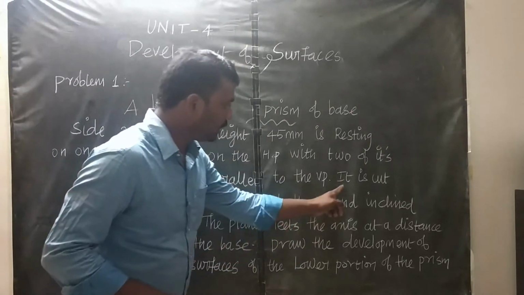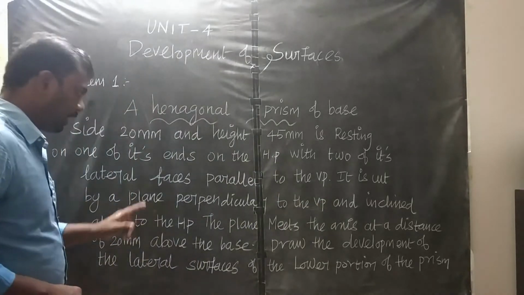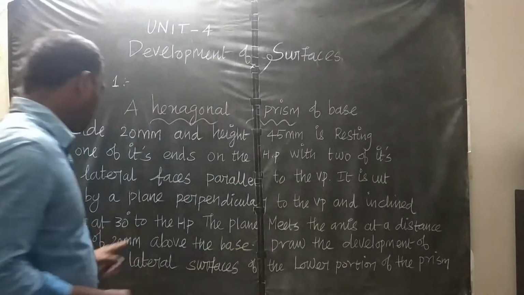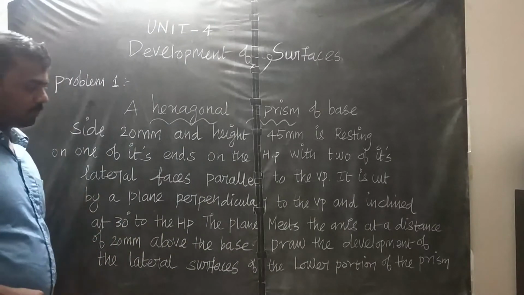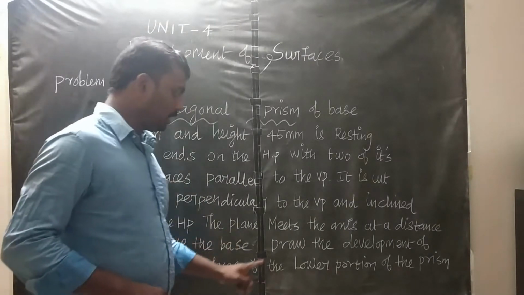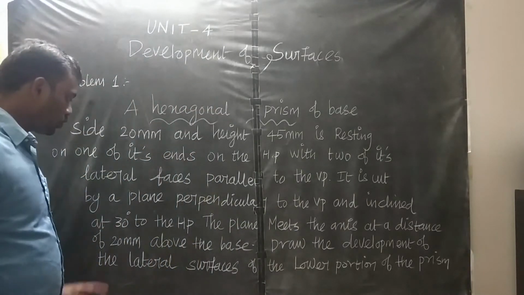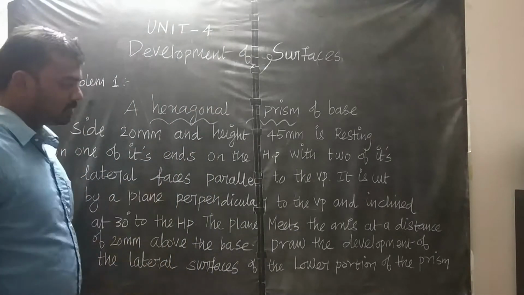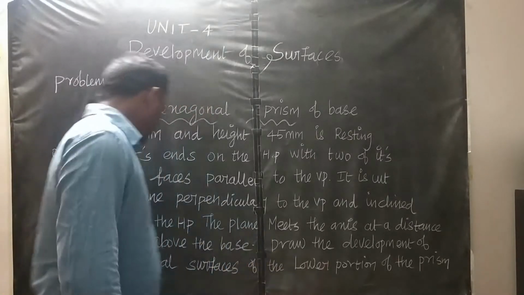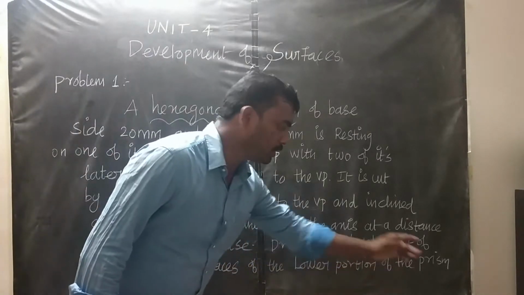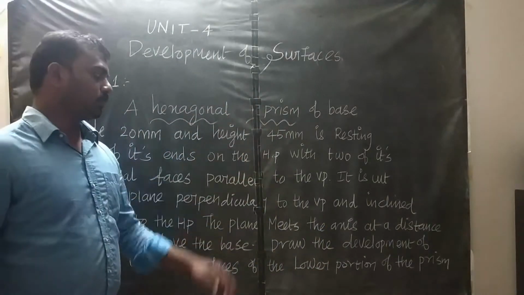It is cut by a plane perpendicular to VP and inclined to HP at 30 degrees. The plane meets the axis at a distance of 20 mm from the base. Then draw the development of the lateral surface of the lower portion of the prism. This is the given problem.